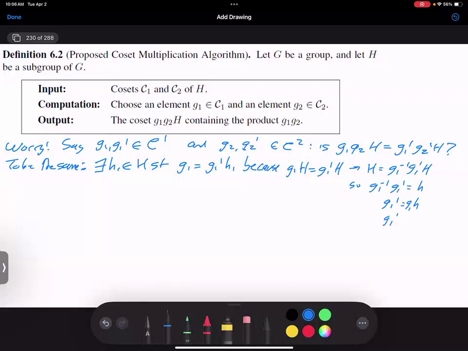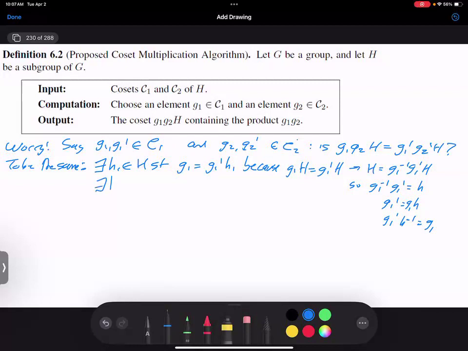So then G1 prime H inverse is G1. So if I want to have two cosets to be the same, then they have to differ by multiplication on the right by something in H. Because anything in H times big H is just big H again. So if I tell you that G1 and G1 prime are both in the same coset, then they have to differ on the right by some multiple of H. Oops, this is supposed to be subscripts, not superscripts.